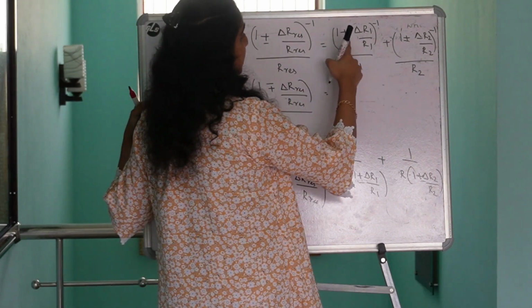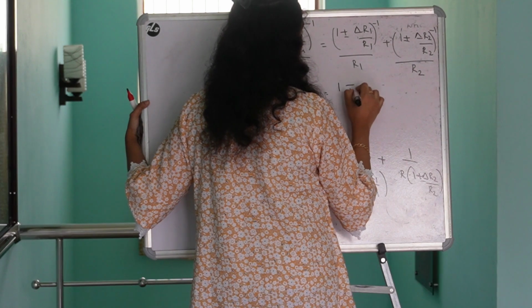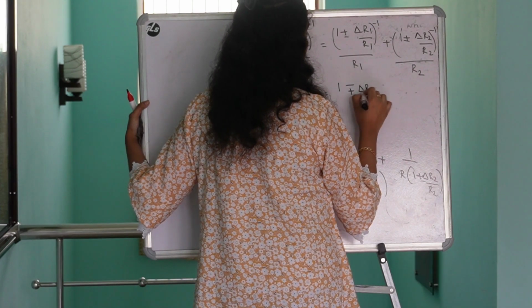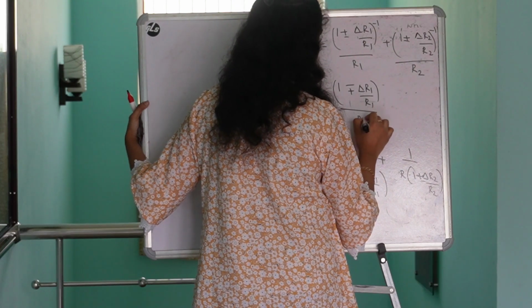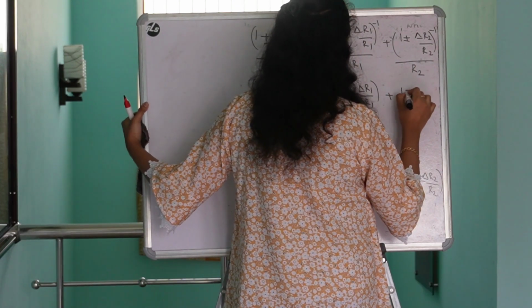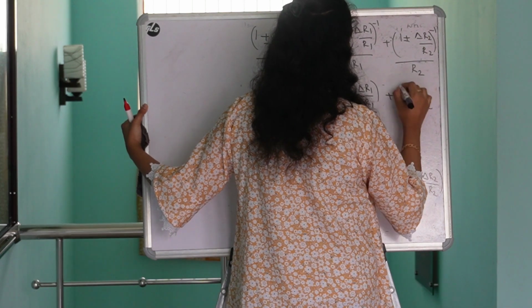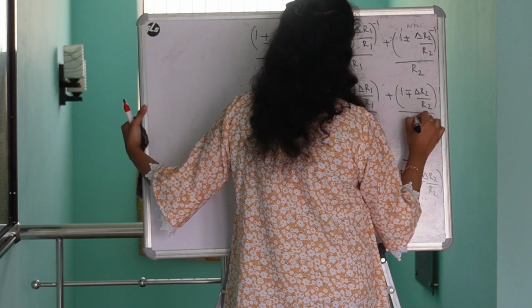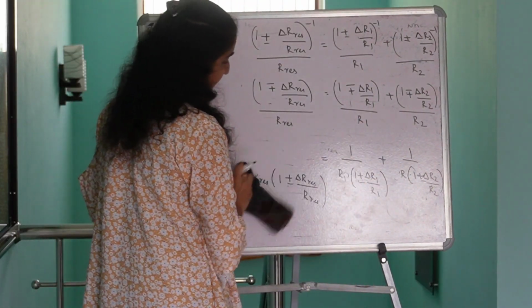Similarly in the case of these two terms, we can write it as 1 minus or plus del r1 by r1 divided by r1, again 1 minus or plus del r2 divided by r2, the whole divided by r2. So is it clear, guys, up to this? Yes.